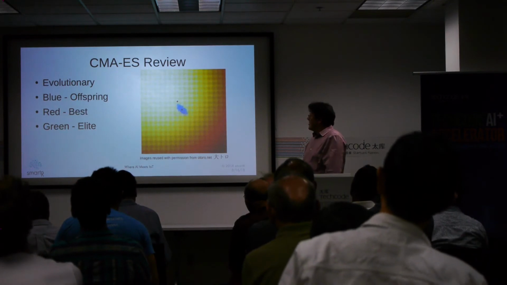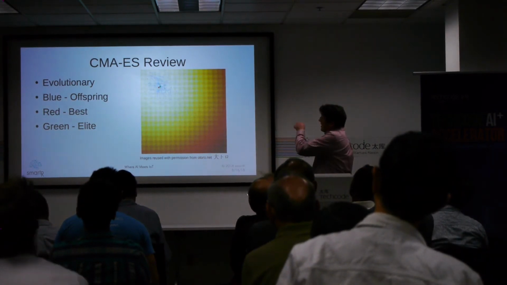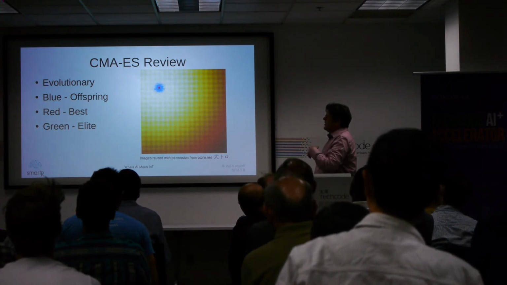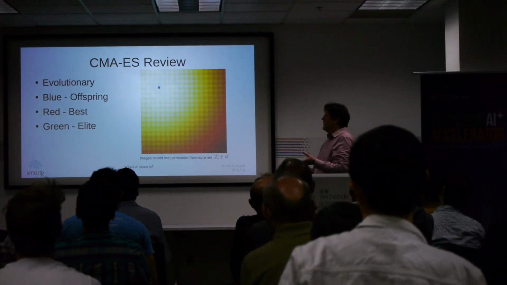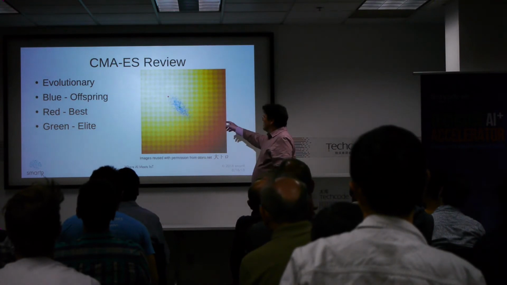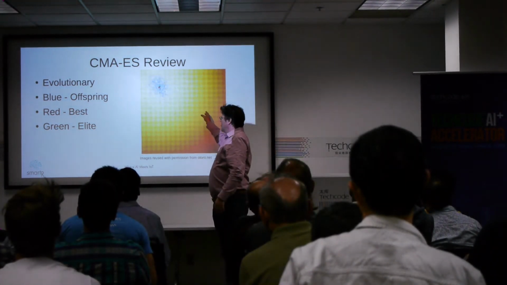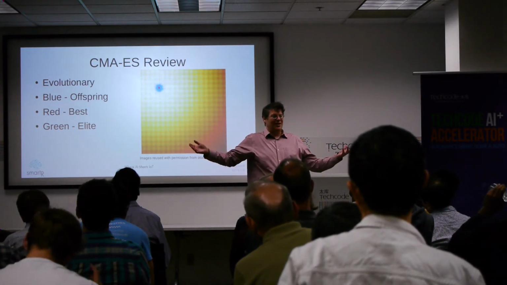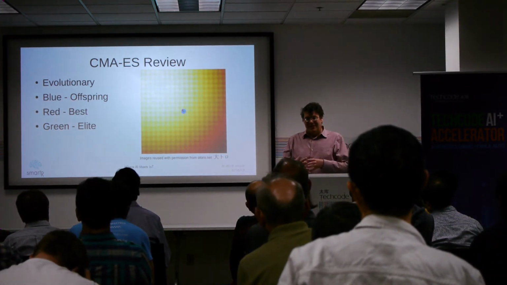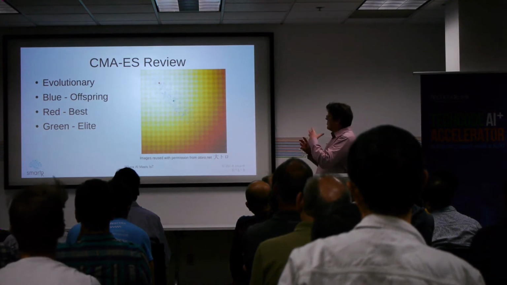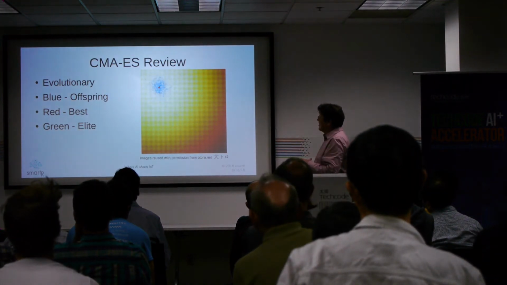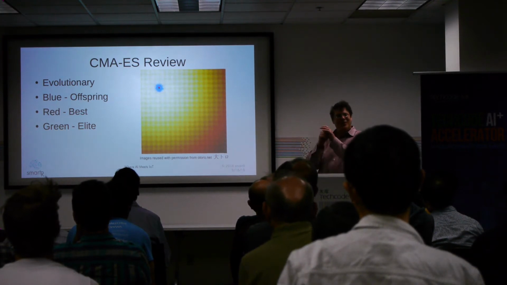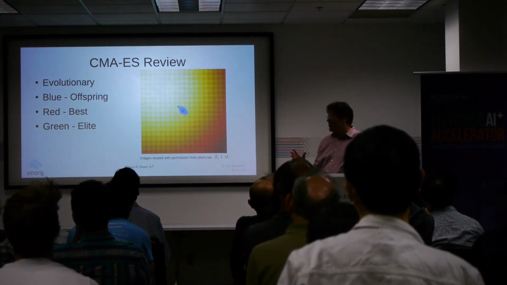So on the screen now, this is basically pretty much the same function you just saw on the previous page, and you actually see the algorithm working on that. So what happens is it starts here near the middle, and it chooses just a bunch of random points from the distribution around the point you say start here. And what it does then is it looks at the best of those points, which are the green dots. Hard to see, especially for colorblind like me, but if you can see the green dots, those are the best ones out of the initial random sample that it chose.